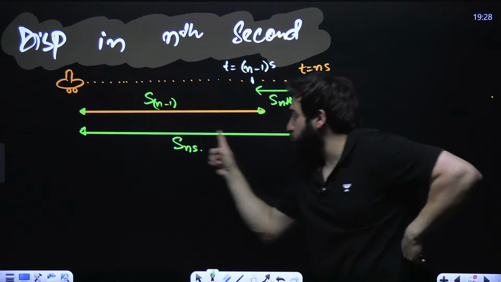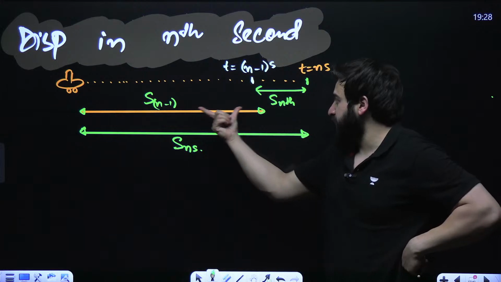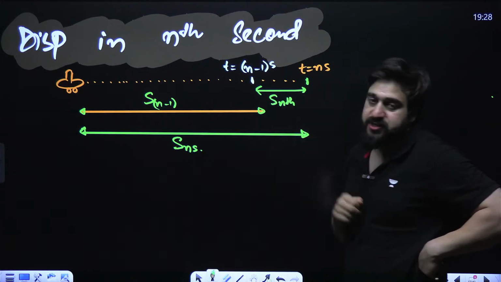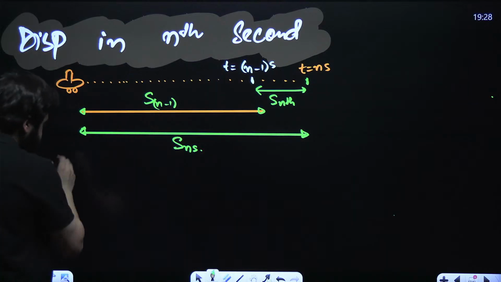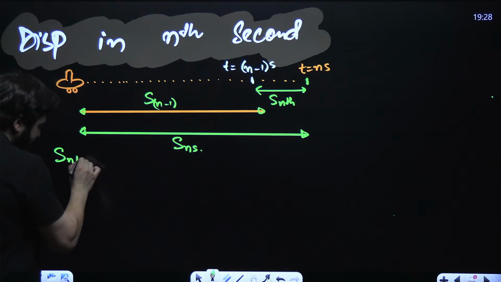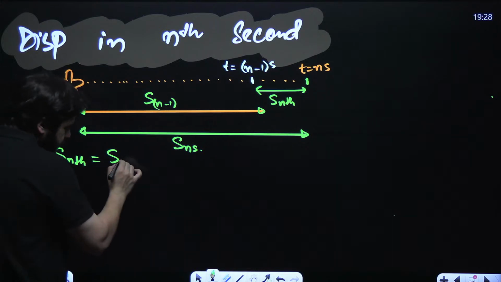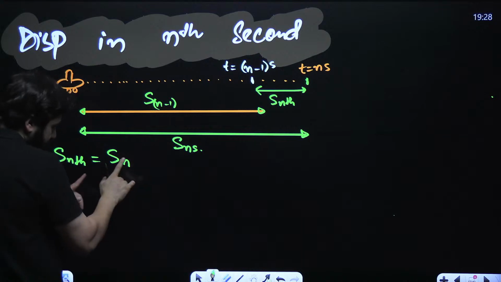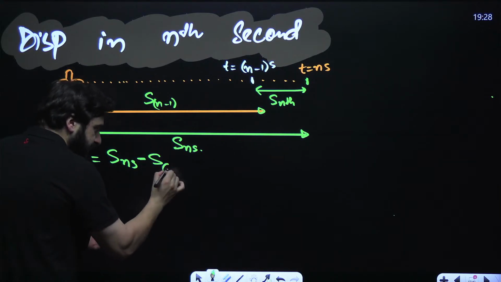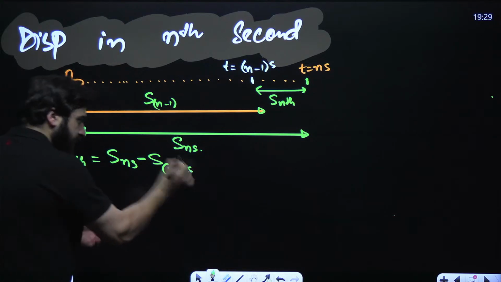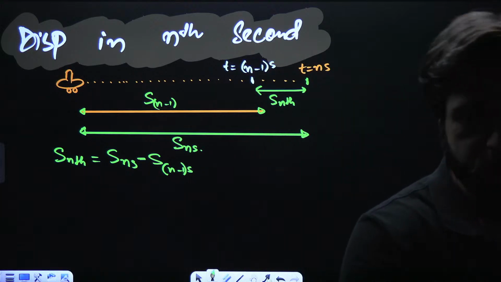Guys, let's suppose this is 20 and this is 18. So 20 minus 18 will be 2. So you'll get this displacement, that is 2. So displacement in nth second is equal to displacement in n seconds minus displacement in n minus 1 seconds. This is the logic that I'll use over here.